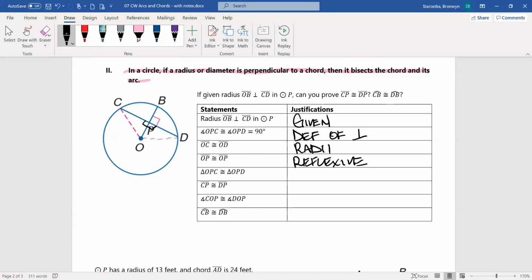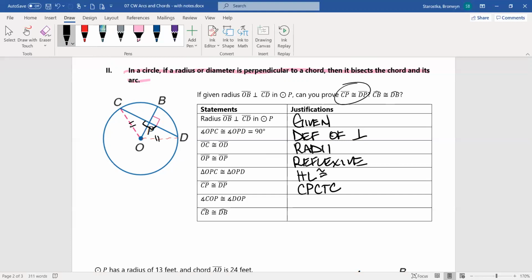We've got a right angle, we've got our hypotenuse congruent, and we've got a corresponding congruent side. So we're going to call this hypotenuse leg, which means that CP must be congruent to DP by CPCTC. So we proved this first part.